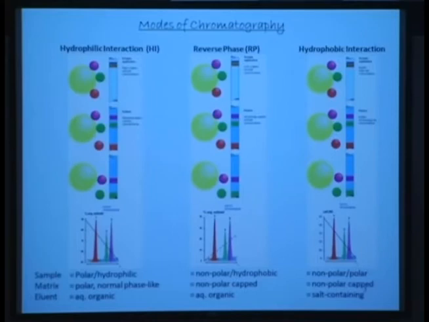A better technique obviously is hydrophilic. And then we also have reverse phase ion pairing chromatography, which I think I have a slide that I'll cover. But that is also based on reverse phase, except that for highly charged molecules, we can use reverse phase ion pairing.